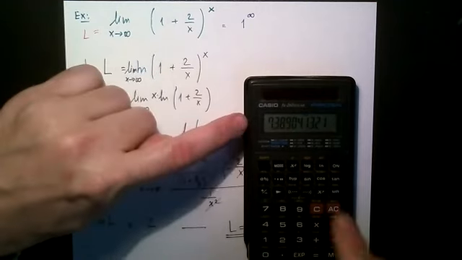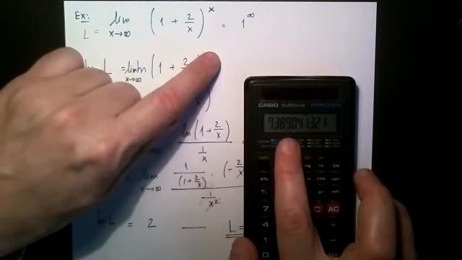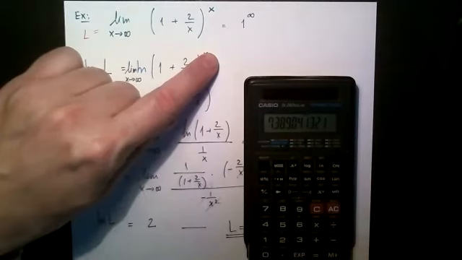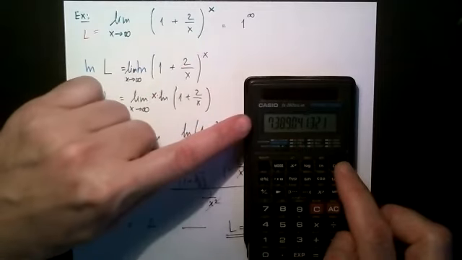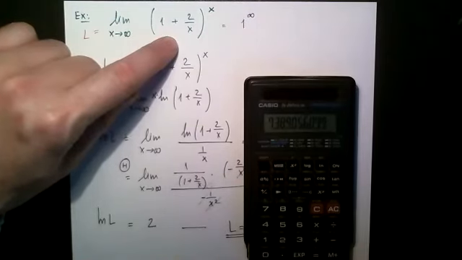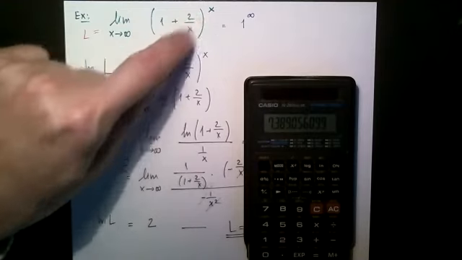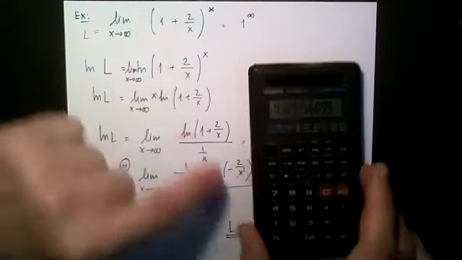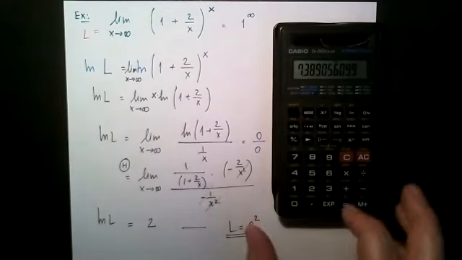I get 7.389, about. Remember this number, 7.389. Now let's do e power 2. Well, 7.389. So the bigger the x, the closer this value will get to e power 2. That's what it means.